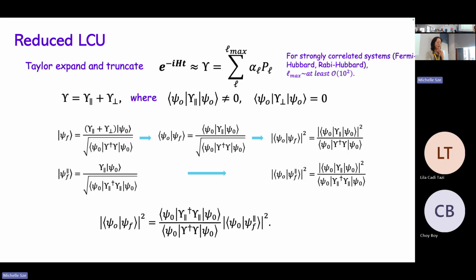I hope you can see where I'm going with this. Our proposition is that we only do LCU on the parallel group and ignore the orthogonal group altogether. But there must be some trade-off in doing that, right? Since you're ignoring some terms, you have to do some renormalization towards the end.